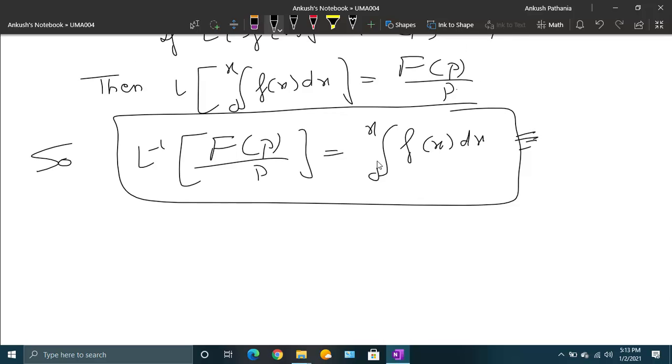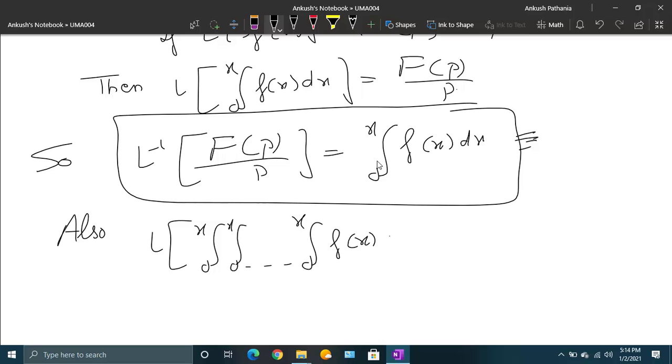Also you have the relation that the Laplace of the n-fold integral from 0 to x of f(x) dx, this is n times, this is again n times, is equal to F(p) upon p raised to power n.